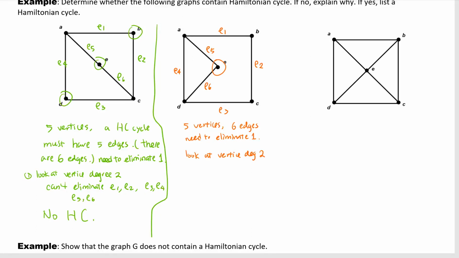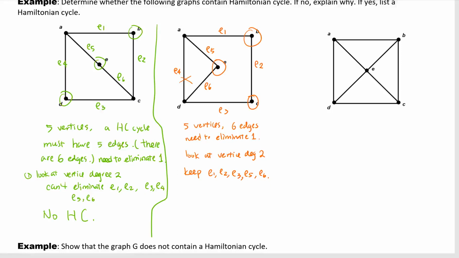Those are E, B, and C, right? So we need to keep E1, E2, E3, E5, and E6.